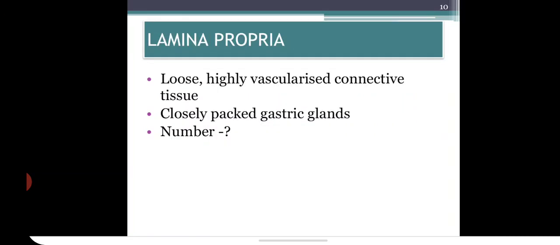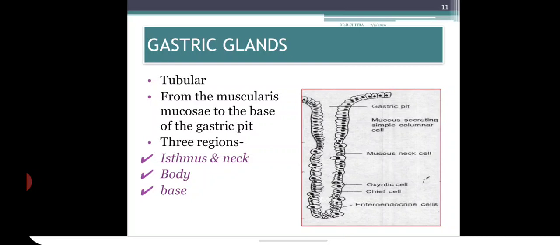Lamina propria is loose, highly vascularized connective tissue containing closely packed gastric glands. Try to see the number of gastric glands. The gastric glands are tubular, from the muscularis mucosae to the base of the gastric pit.